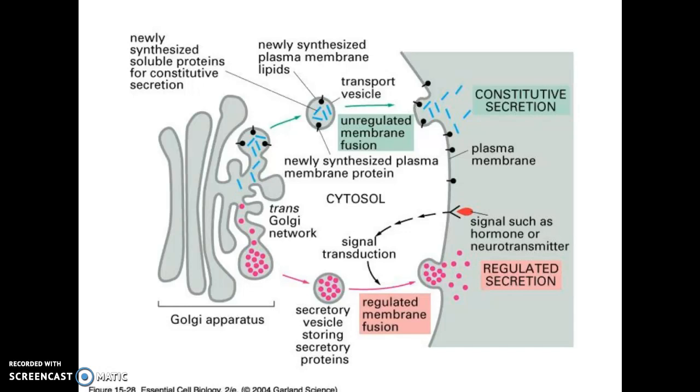And then there's a regulated secretion, like in neurons, a neurotransmitter binds to a receptor, causes a membrane depolarization, and a subsequent release of synaptic vesicle contents. So these secretory vesicles will dock and get primed and sit there waiting for the signal from outside of the cell to release their contents.